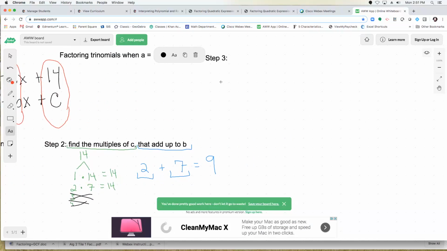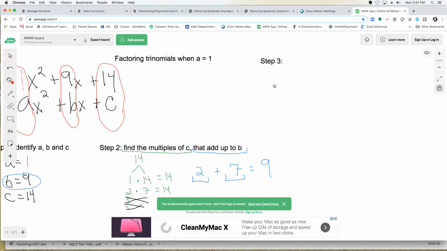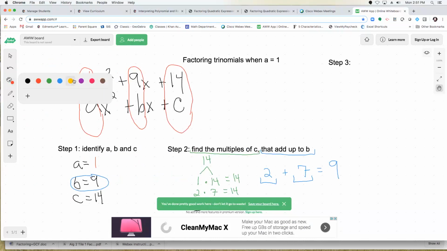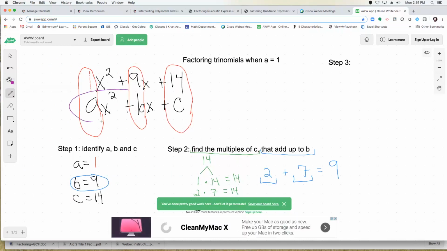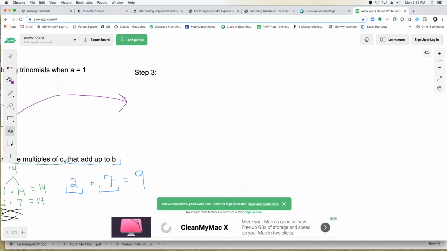Remember I had said this right here was called standard form. If you have a polynomial like this or a trinomial, this is called standard form. This is what we have. Now what we're trying to do is get it into factored form, which is this over here. So we're going to plug in multiples to factored form.